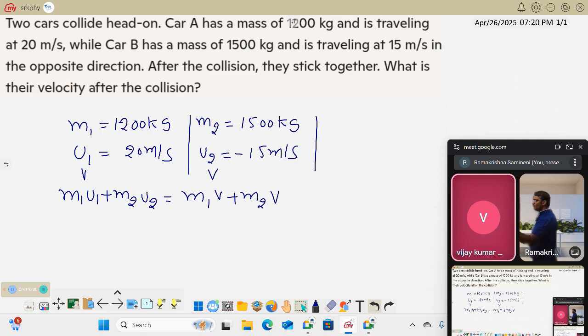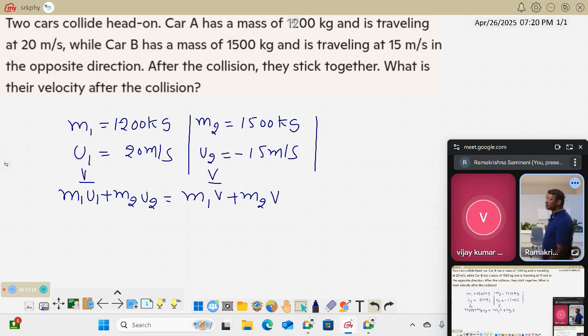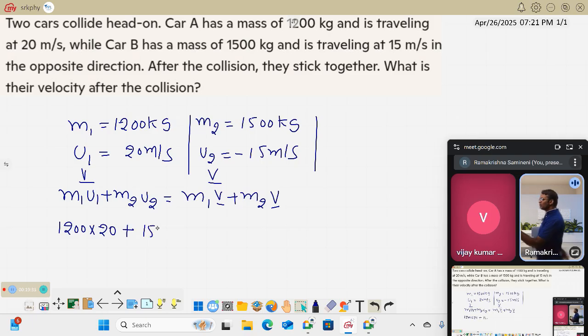m1 into v1, v1 is nothing but velocity v. m2 into v, velocity is v. Stick together means both are moving at the same speed. If you substitute the values, m1 is 1200 into u1 20, plus m2 1500 into u2 minus 15.